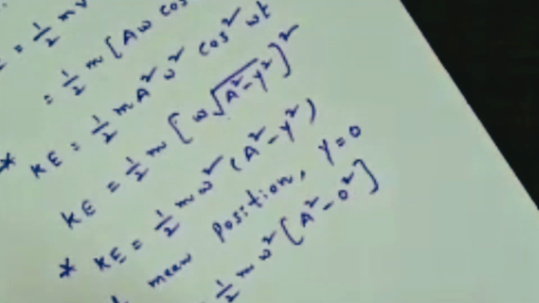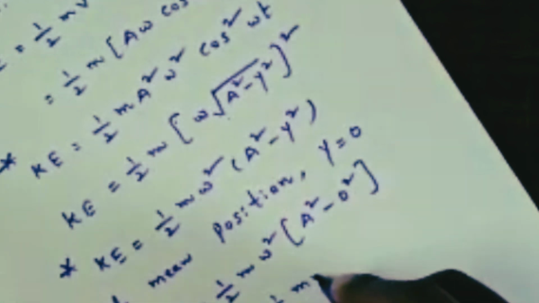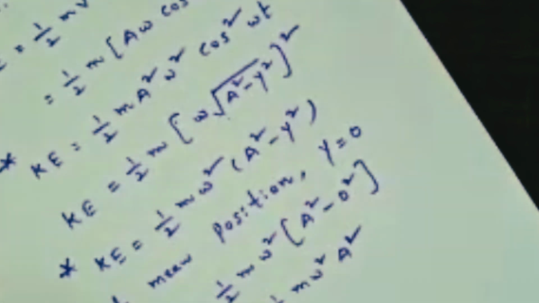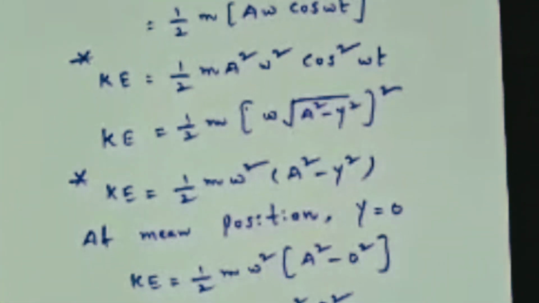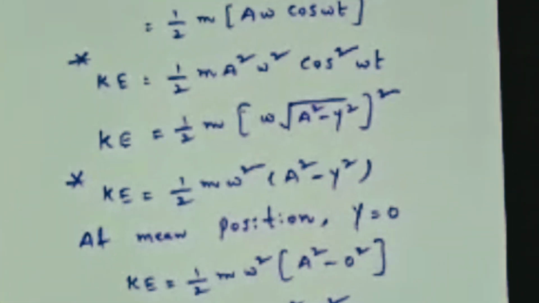This is called KE max: half m omega square a square. Where the velocity is maximum, there the kinetic energy is also maximum. Remember this. At mean position, velocity is maximum, so the kinetic energy is also maximum.